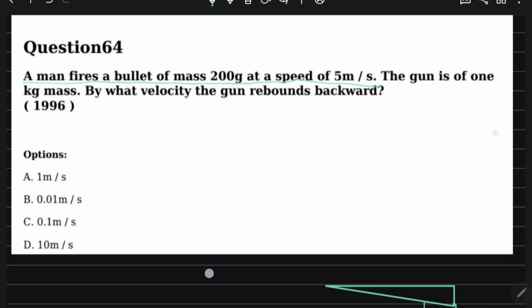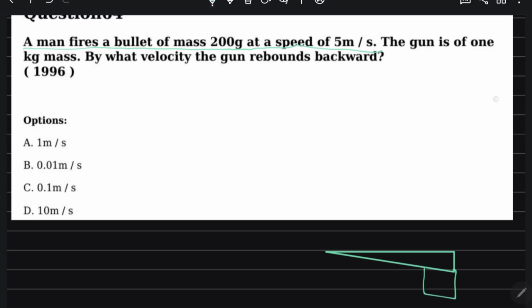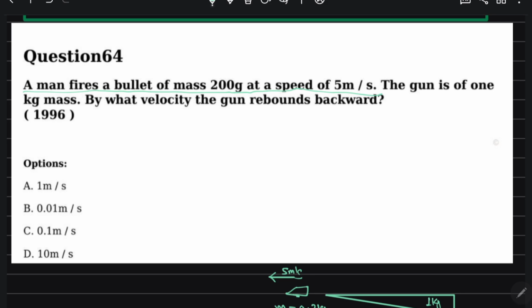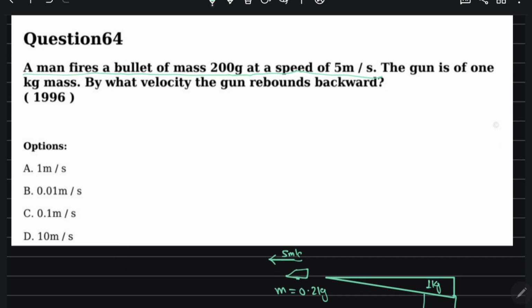A man fires a bullet, this is small, the bullet has a mass of 0.2 kg with the speed of 5 meter per second. The gun has a mass of 1 kg. By what velocity does the gun rebound?